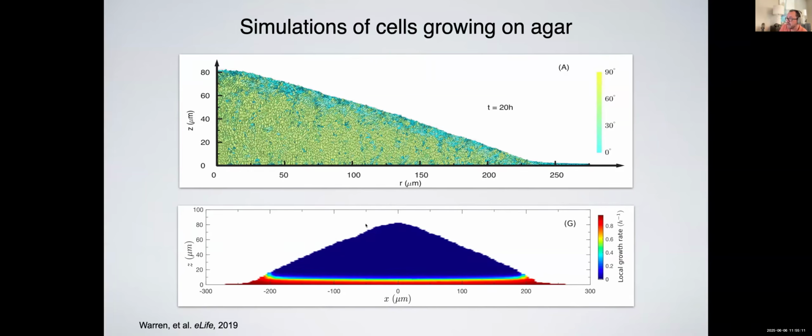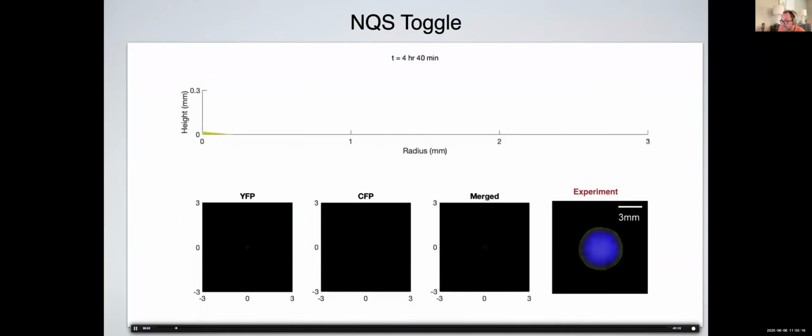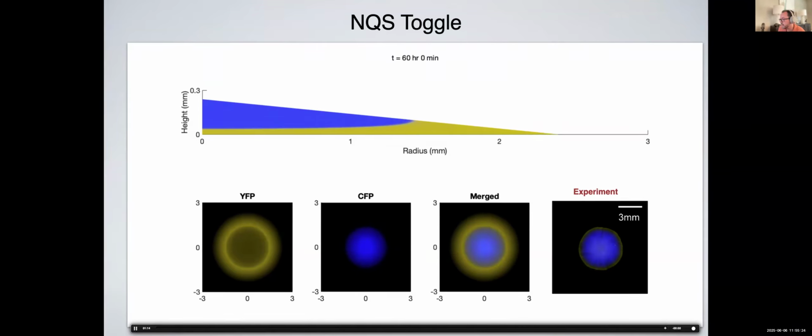If you do this and you simulate the PDE on this particular growing domain, it's important that it's growing, you find that if you match the parameters, you get exactly the types of patterns that you see experimentally, right? In a non-quorum sensing toggle, so the original toggle, you see these blue cells, right? So again, you start in the yellow with mostly yellow cells. The toggle is a little bit asymmetric.